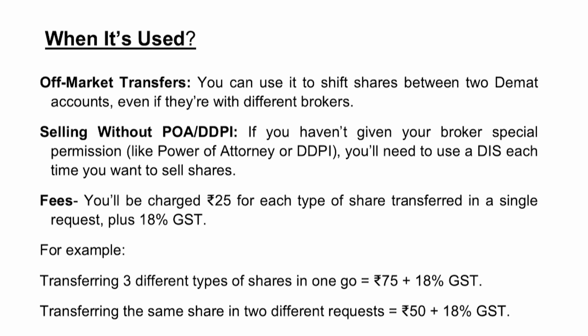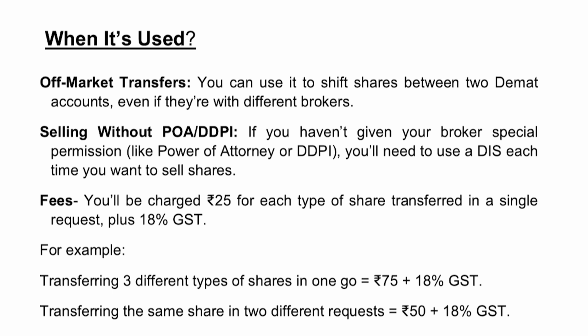So, if you haven't given your broker any special permission like power of attorney or DDPI, you need to use a DIS, the delivery instruction slip, every time you want to transfer your shares from your account to someone else's account, or in the case of every selling transaction.